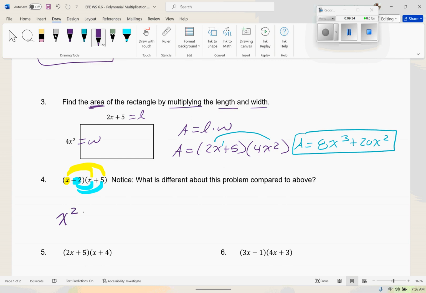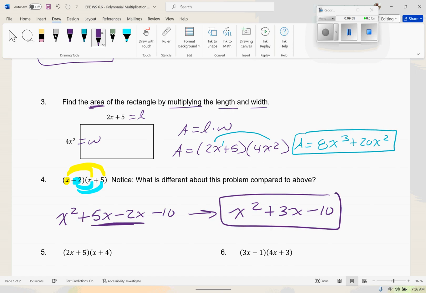X times positive 5 is positive 5x. Negative 2 times x is negative 2x. Negative 2 times 5 is negative 10. Combine your like terms. Those are like terms. So you're going to get x squared, 5x minus 2x is 3x, minus 10. So that's how you multiply them together.